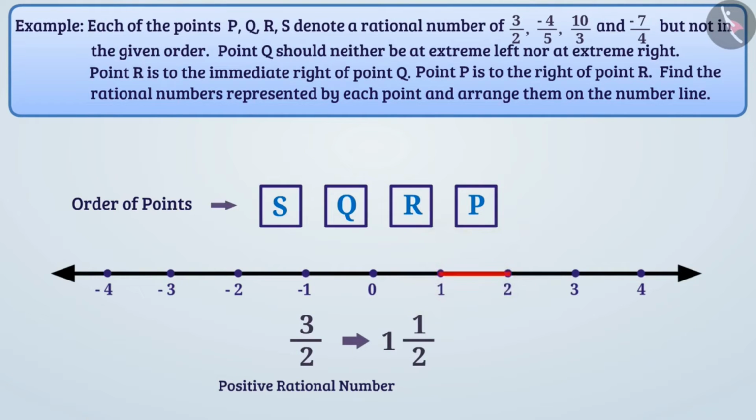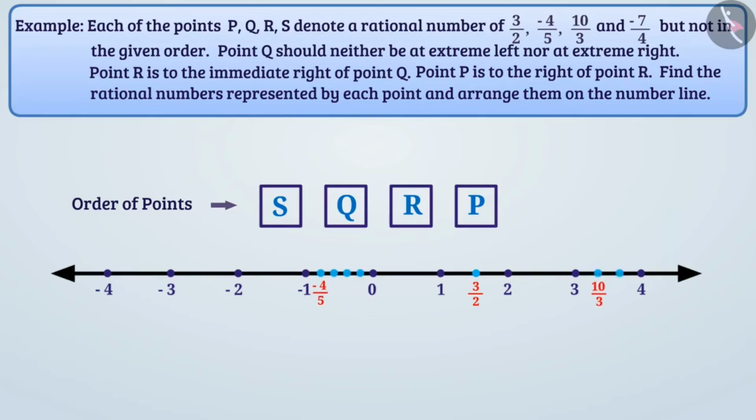To find the right place, we will divide the distance between 1 and 2 into as many parts as the denominator, that is 2 parts. Since the numerator is 1, by taking one of these 2 parts, we will denote number 1 and 1 by 2 or 3 by 2. Similarly, we will denote minus 4 by 5, 10 by 3 and minus 7 by 4.